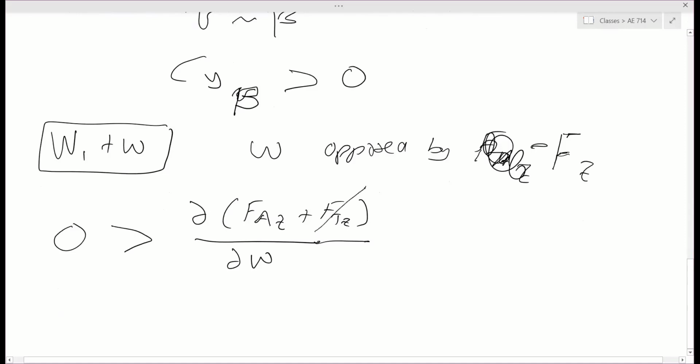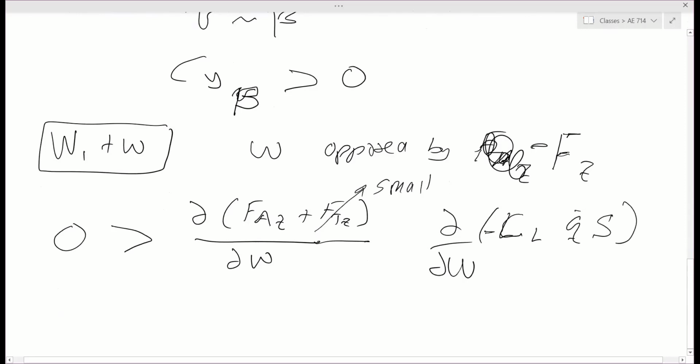We're going to say the thrust in the Z direction is small. And so really we get a derivative with respect to W of the lift coefficient. And lift is in the negative Z direction, so we put a minus sign there.